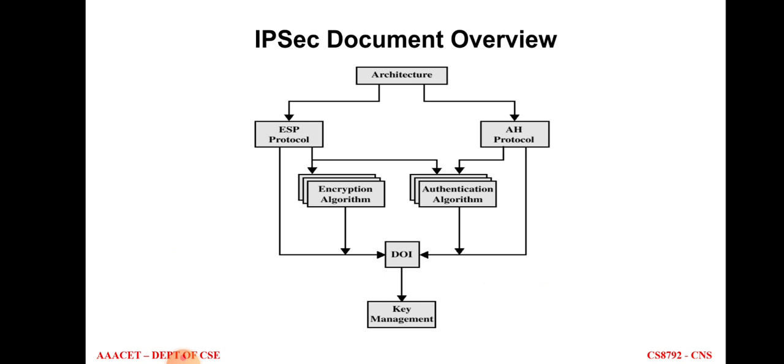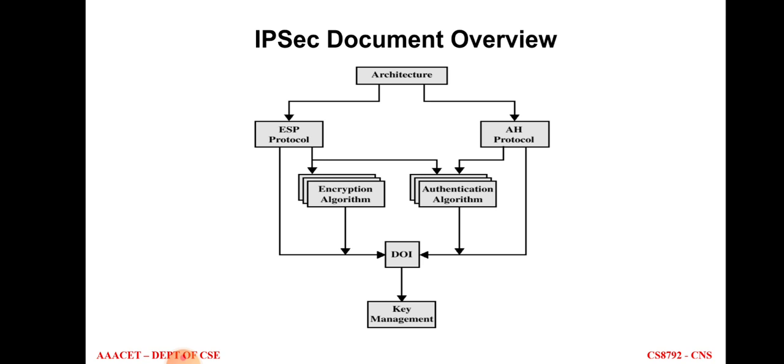It is an overall domain which includes all the values of encryption and authentication derived from ESP and AH. And finally, they use key management to exchange the key between both parties. DOI, domain of interpretation, covers the other values needed for documents related to each other.